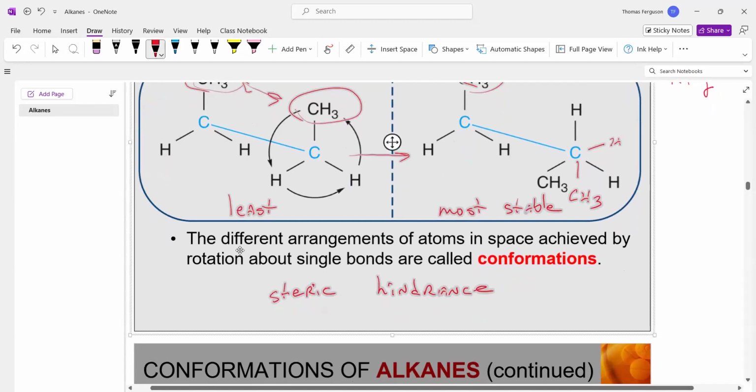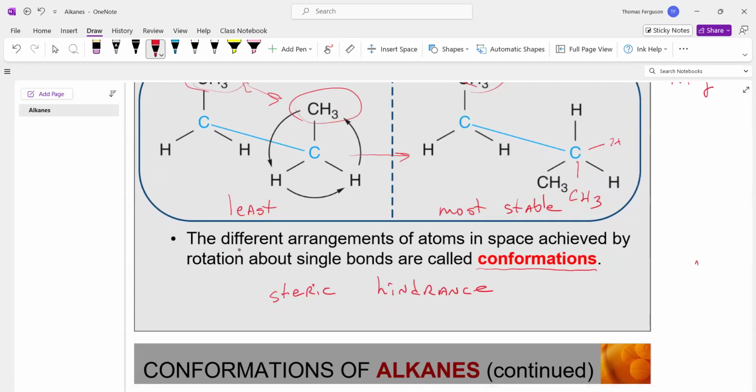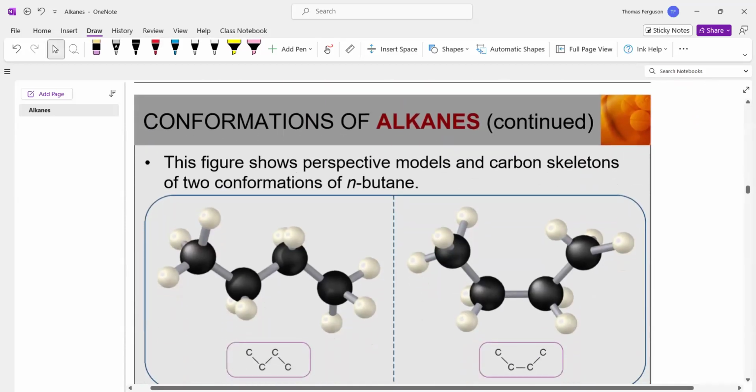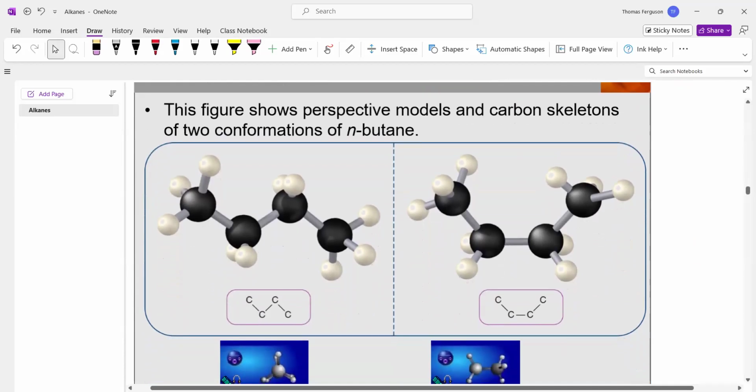Now, there's a term here called conformation. That is a fancy word for just what shape is it in? What conformation is it in? So we have 2 here.